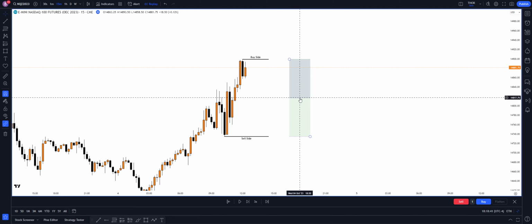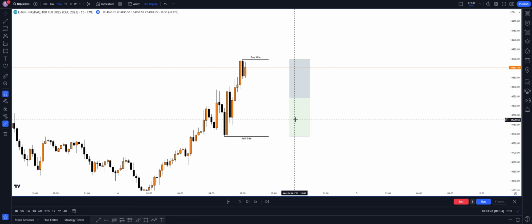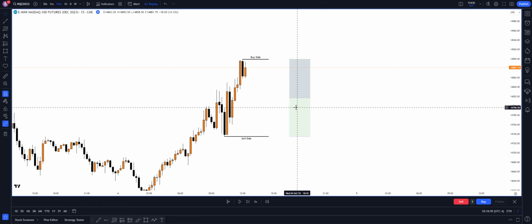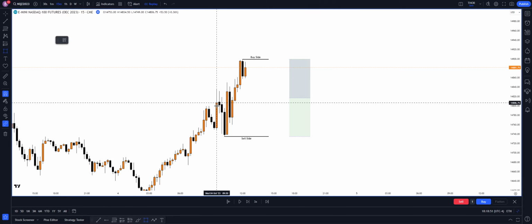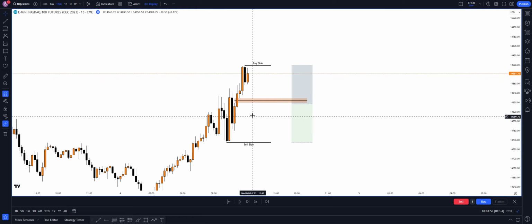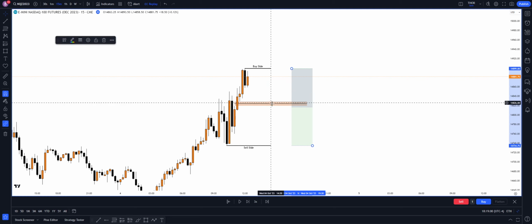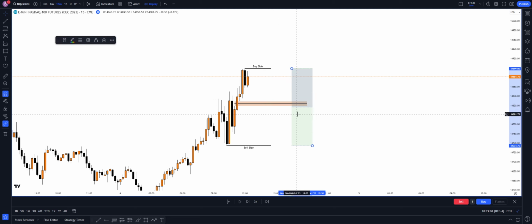So in this case, let's take a closer look. The dealing range here, well, since we are bullish in this case, we want to be looking for a long entry within this discount area. So in this discount area, what I see is this fair value gap. Oh, it doesn't match though. Okay, so this is not in the discount area.